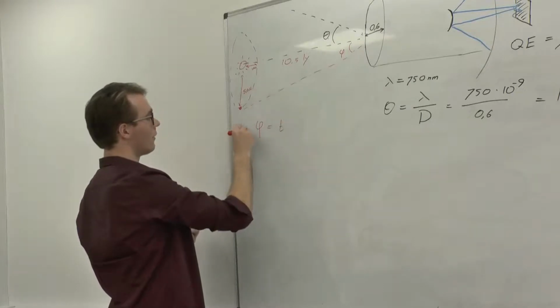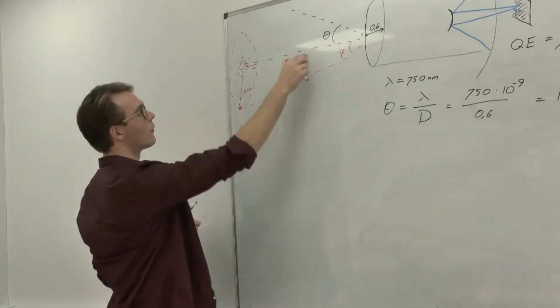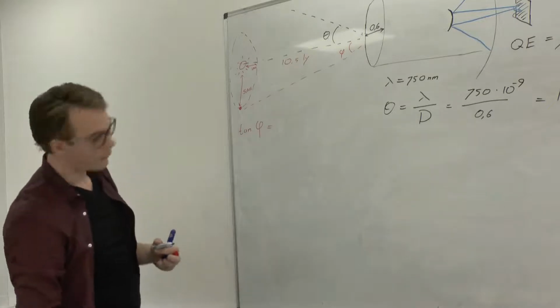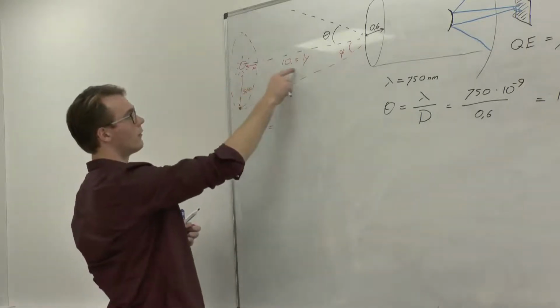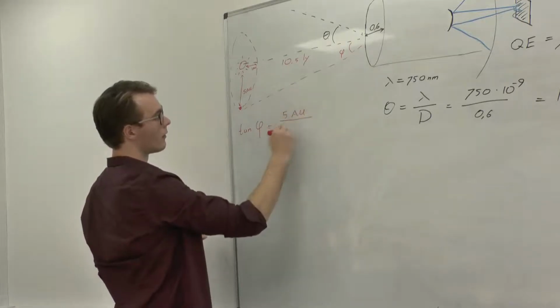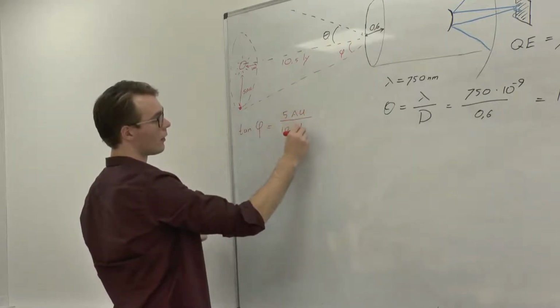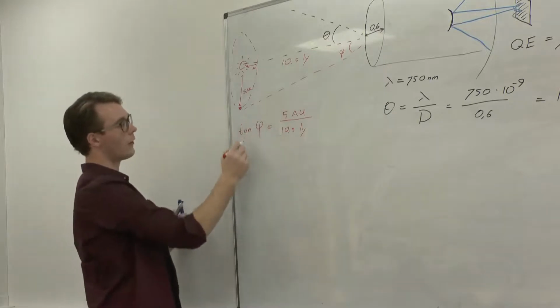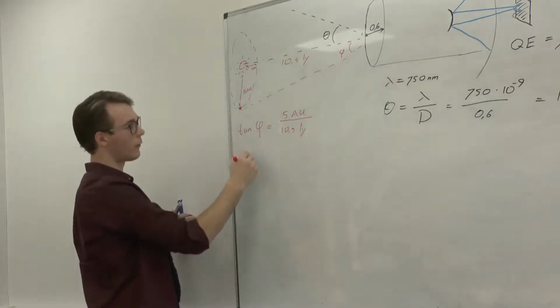The tangent of that angle is going to be 5 astronomical units divided by these 10.5 light years. But because this is a very small angle, you know that the tangent of this angle is roughly equal to the angle.